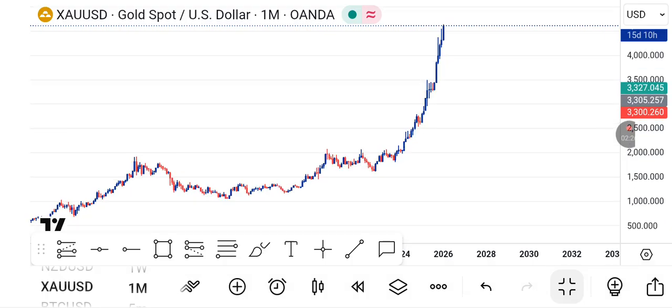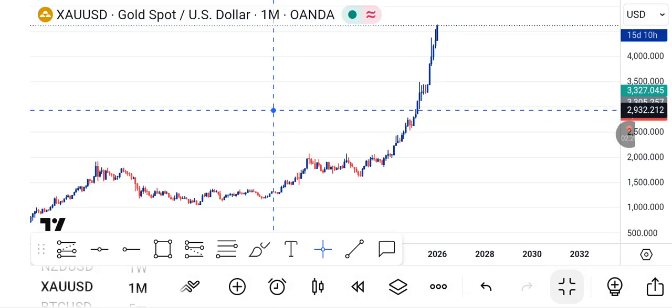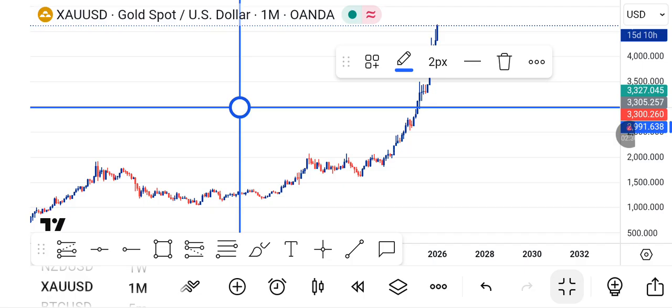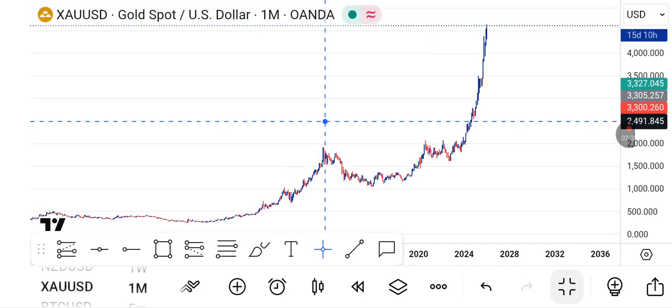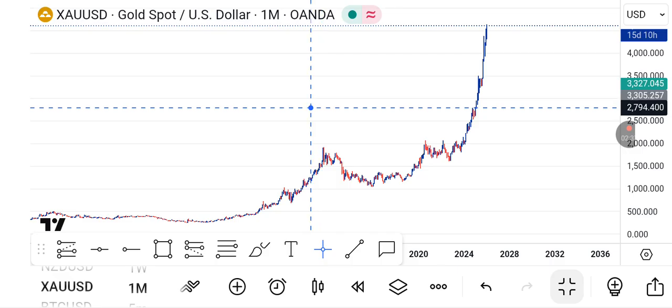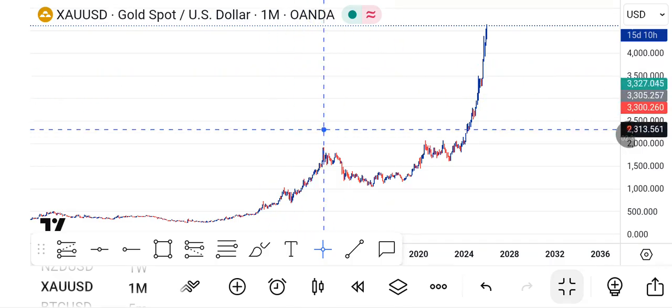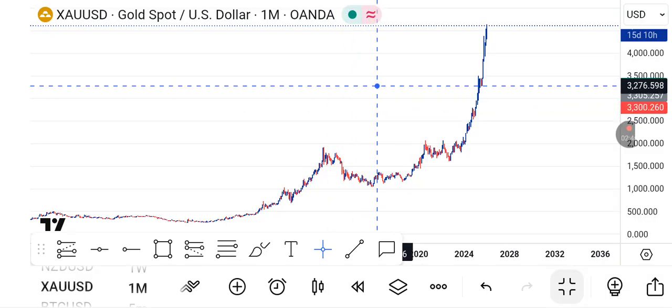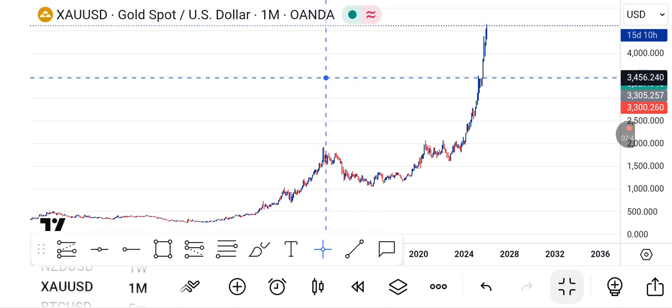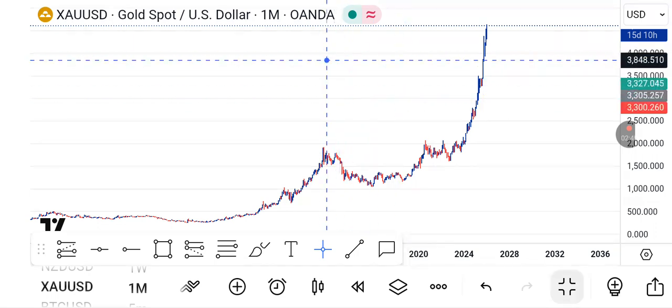When you look at your left hand side around this place, you see that there are no previous turns, no resistance, no turning point around this area.